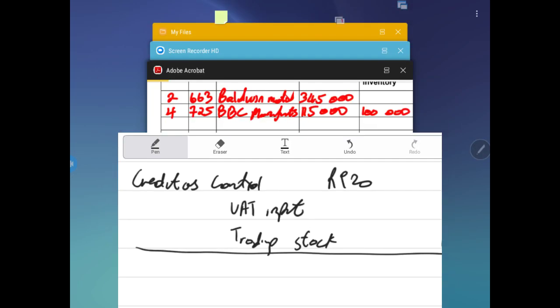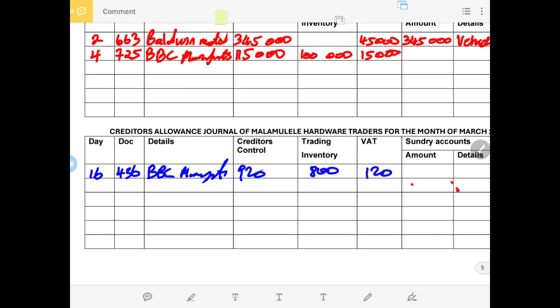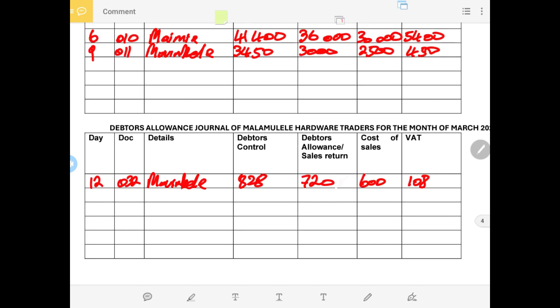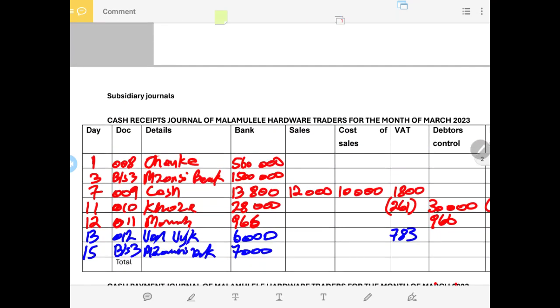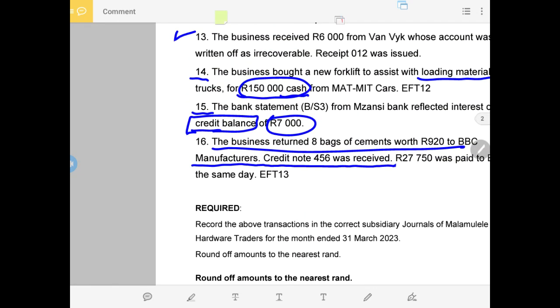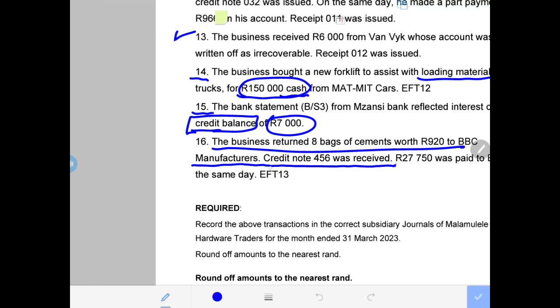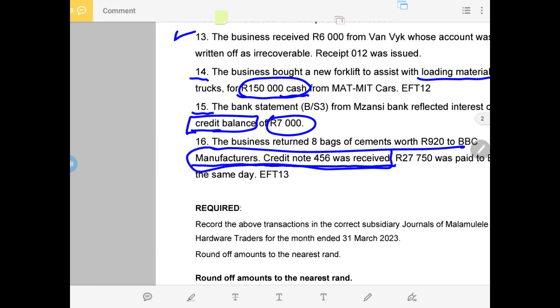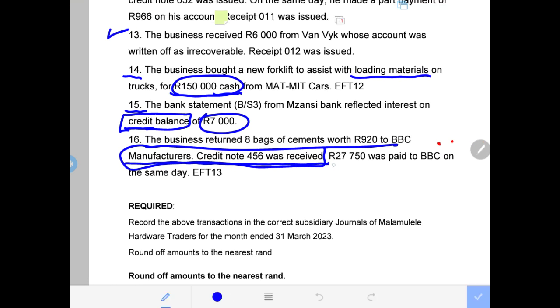Then the next part of the same transaction is the fact that we made a payment. I like these double transactions. We made a payment for the return. Credit note was received. It said 27,750 was paid to BBC on the same day.